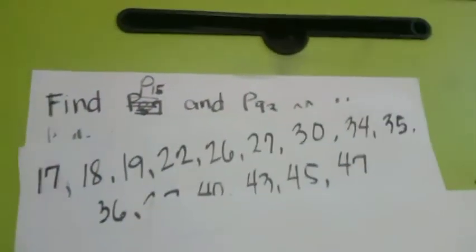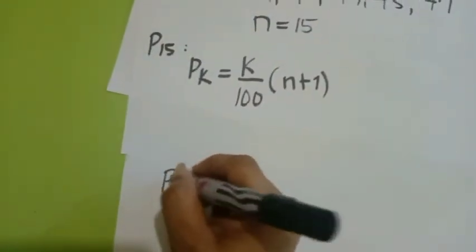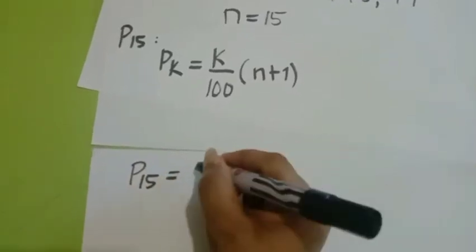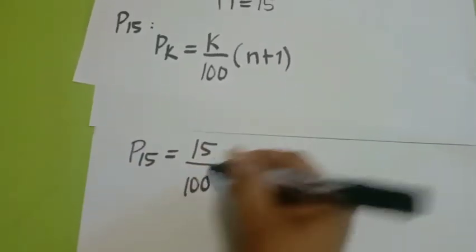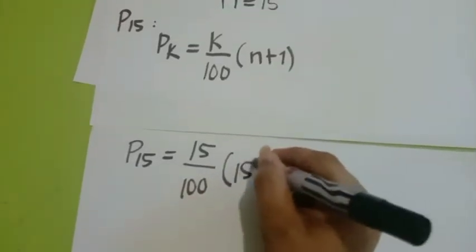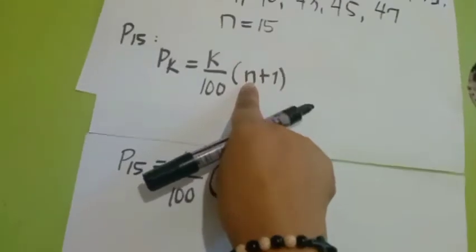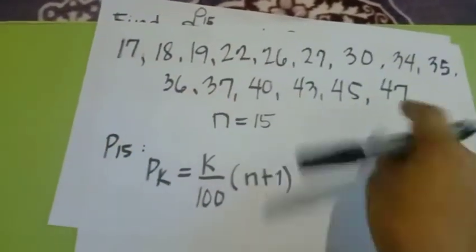P15 or 15th percentile is equal to 15 over 100 times 15 plus 1. Yung 15 na ito is yung n, kung ilan lahat yung bilang nung data natin.